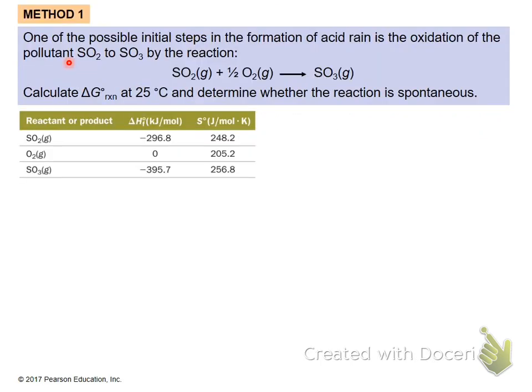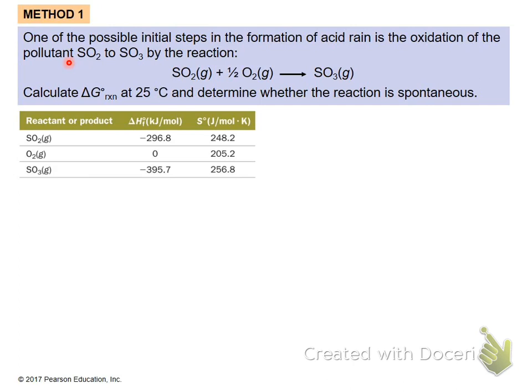All right, let's take a look at this one example here using method 1, using the first equation. One of the possible initial steps in the formation of acid rain is the oxidation of sulfur dioxide to sulfur trioxide, given by this chemical reaction equation. Calculate delta G of reaction at 25 degrees Celsius and determine whether the reaction is spontaneous.